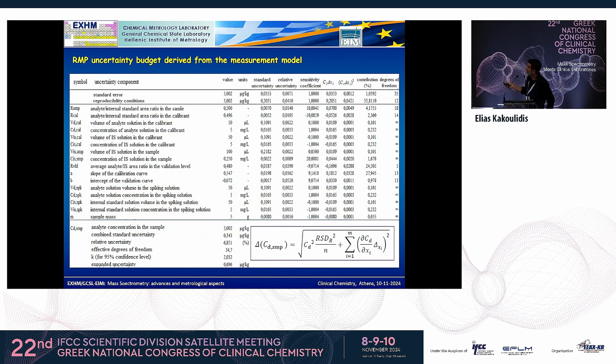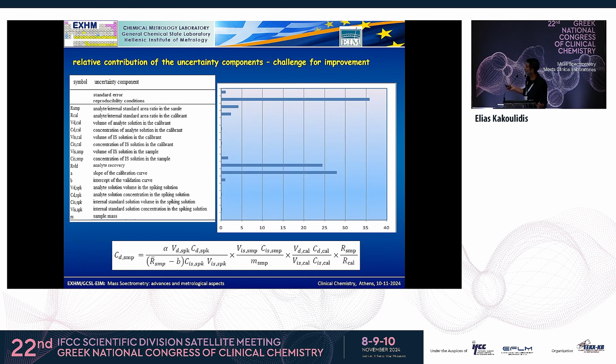And here we also have an uncertainty budget that has to be the end of any validation that we perform in our measurements. This also gives us the opportunity to see what is the biggest contributor to the measurement uncertainty, what we have to get better in order to get less uncertainty next time.